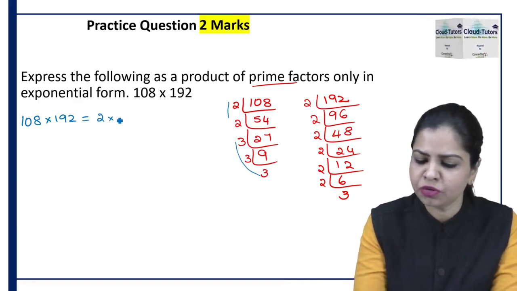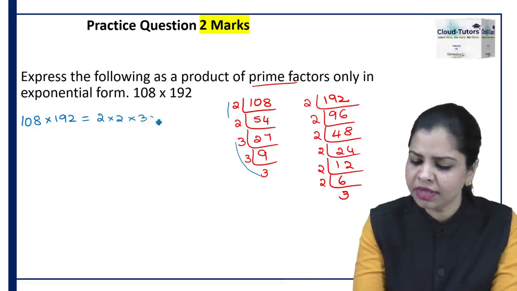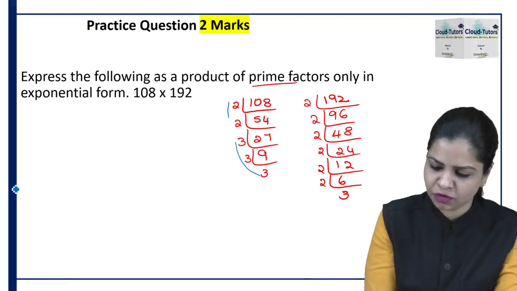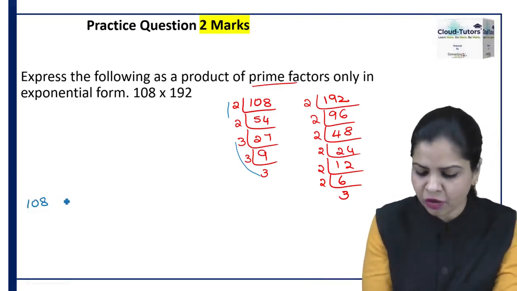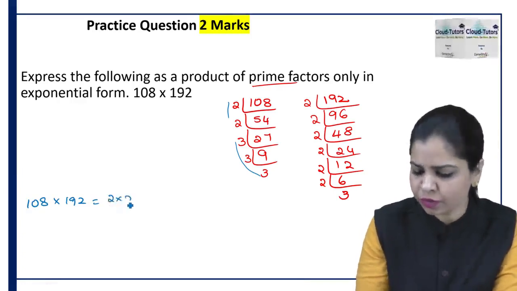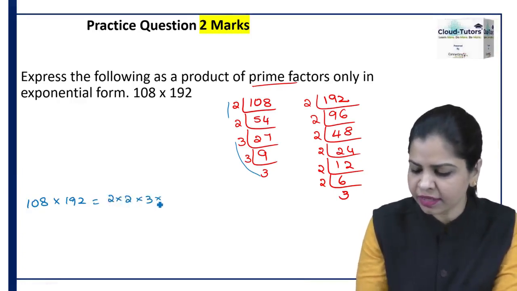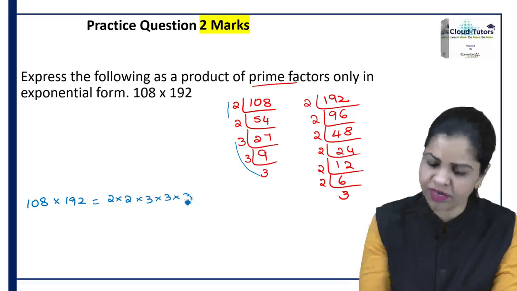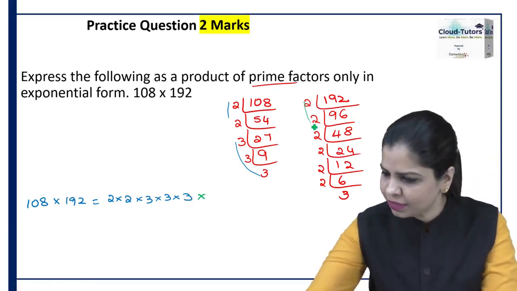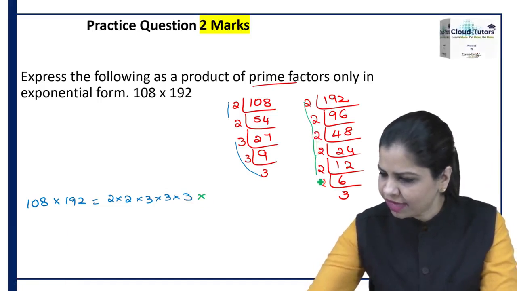So 2 into 2 into 3, let me write it down, okay? Let's write so that it comes in one line. 108 into 192 is equal to 2 into 2 into 3 into 3 into 3, and then into, this is 1 2 3 4 5 6.